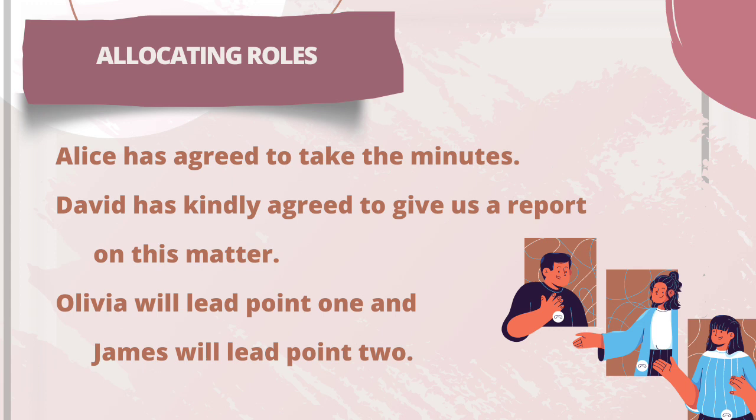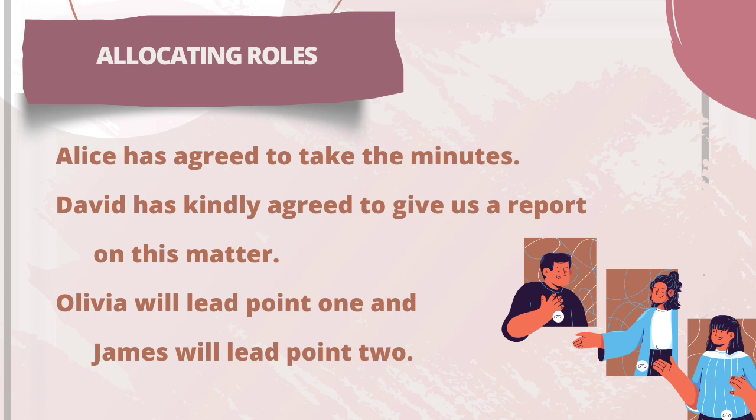Next is allocating roles. In a business meeting, it is very important to allocate the roles of each participant. In this case, the leader of the meeting should inform the roles of each participant. Maybe not all of the participants have specific roles, but it should be informed at the very beginning so that all of the participants know who does what.